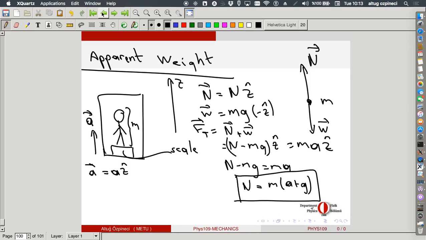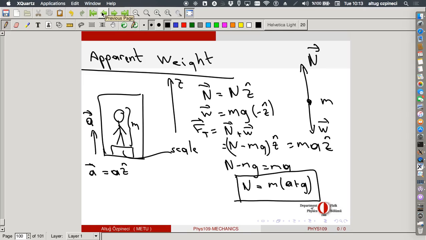I have a question from last time. When two bodies interact, the forces on the bodies have the same magnitude and opposite direction, the action-reaction pair. True. Here, the scale exerts a normal force on the man.